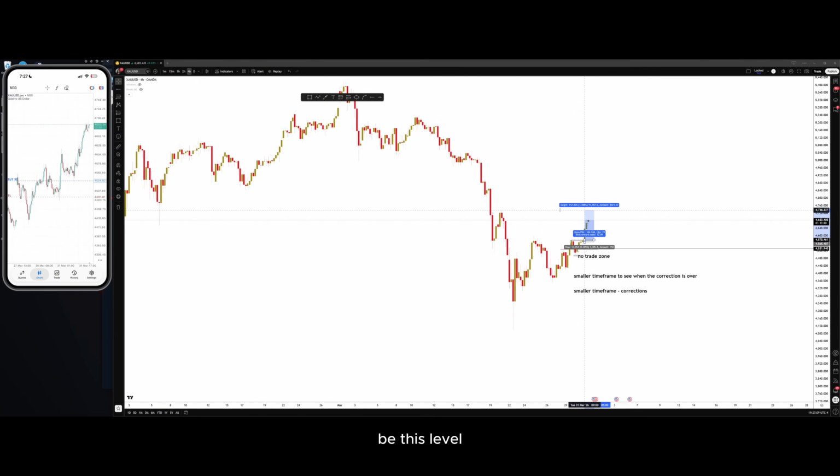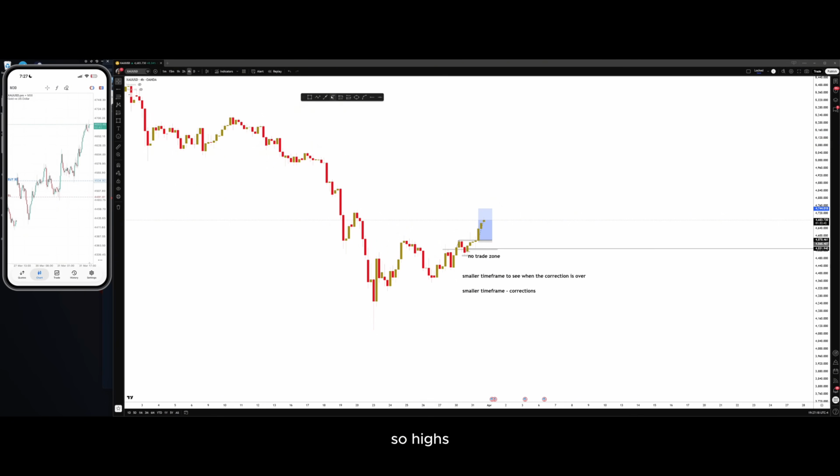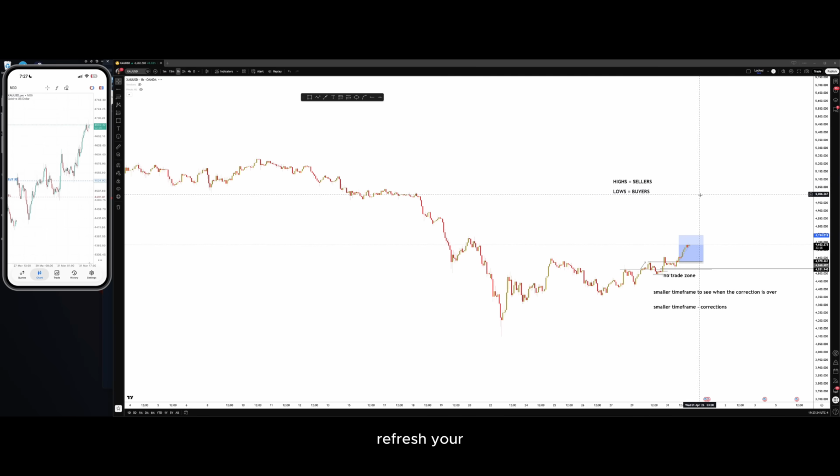So it'll probably be this level, probably this level, and you just keep going with the highs, because if you're buying, you want price to go into a level of sellers. So highs equals sellers, and lows equals buyers. And we talked about this previously, but just to refresh your memory.